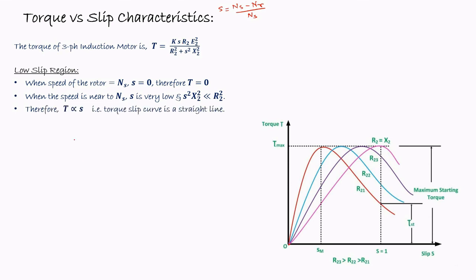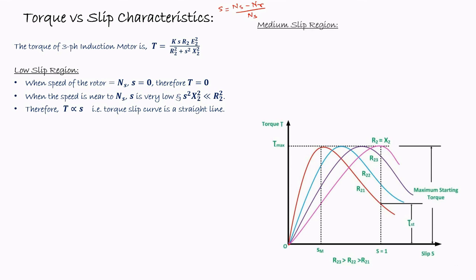And hence, the torque will be proportional to slip only, because in the numerator there is s, and if we ignore the second part of the denominator, then the torque is directly proportional to the slip. Therefore, the torque versus slip characteristic will be a straight line. It is shown by this line. This is for the low slip region.